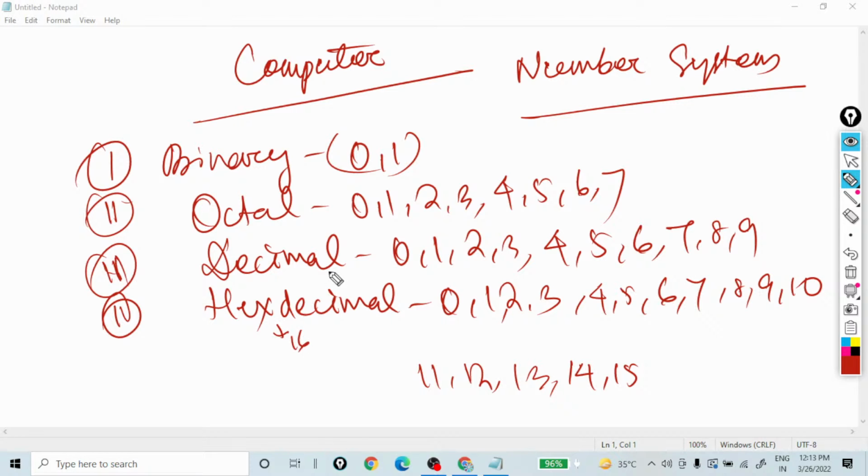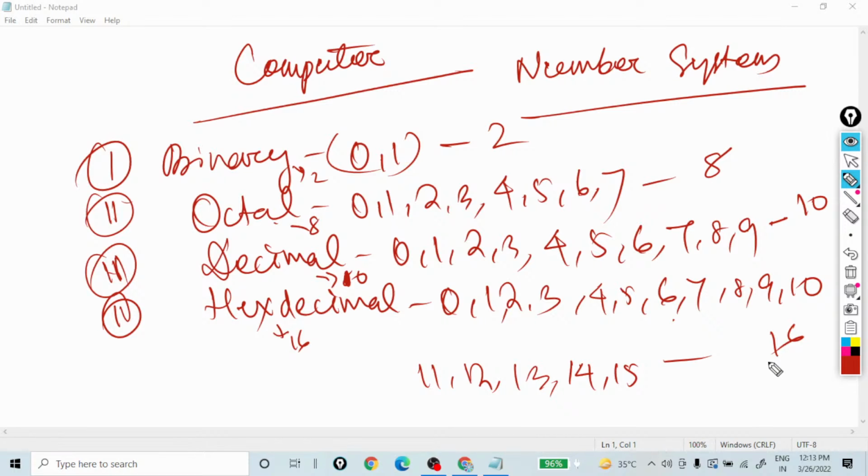Binary system base is 2. Octal system base is 8. Decimal system base is 10. Hexadecimal system base is 16. Right? So these are the 4 types of number system.